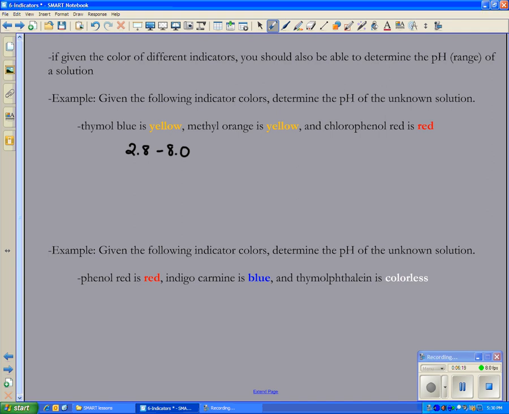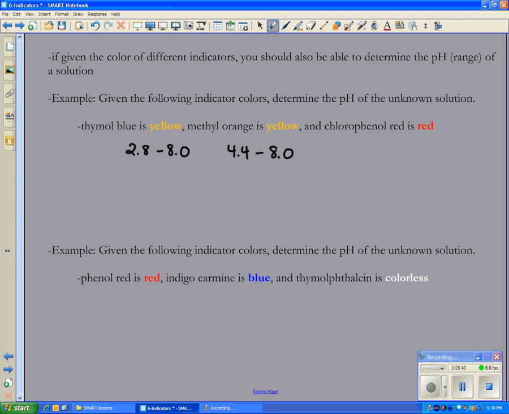Next, methyl orange is yellow, and from the table, yellow for methyl orange means that it's above 4.4. So 4.4 now becomes the lower limit, and we keep the upper limit of 8.0 from the last part.